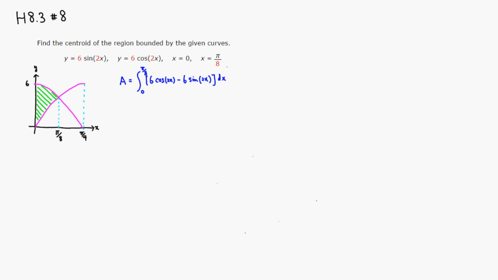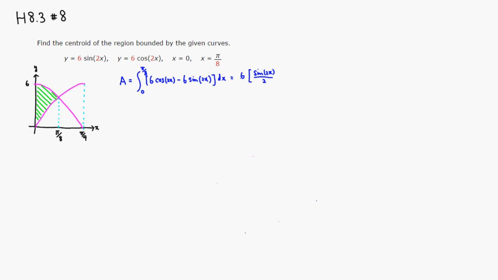So let's find that. 6 is just a constant, and we put it out here. Then the antiderivative of cosine is sine of 2x over 2.